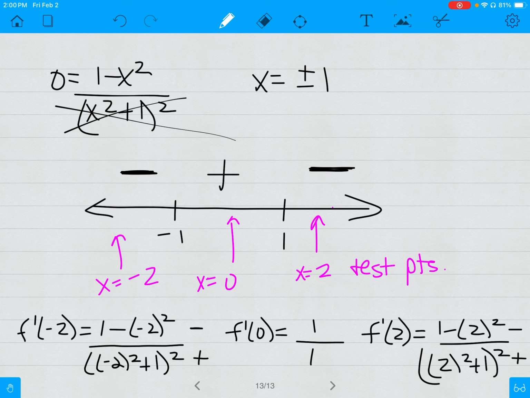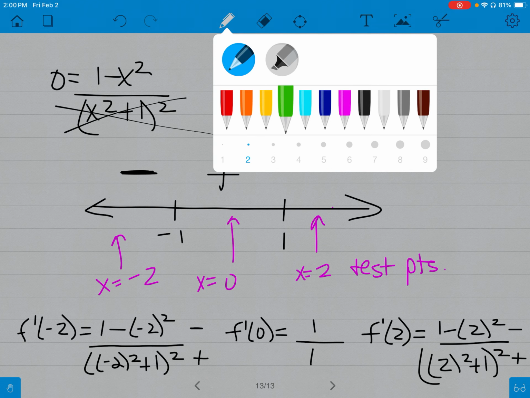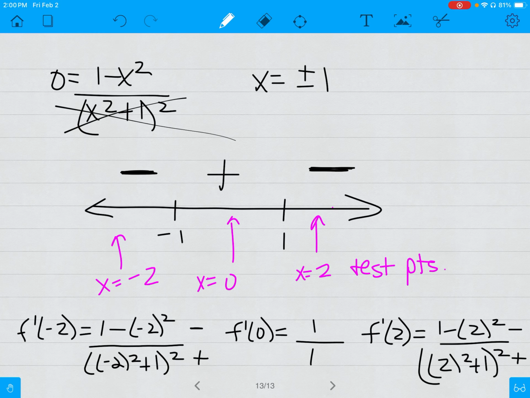So now I have to think about these two critical values. Negative 1, positive 1. Is either of them a max? Is either of them a min? And if so, which one? Well, if the sign of my derivative to the left of negative 1 is negative, and the sign of my derivative to the right of negative 1 is positive, what does that tell me about negative 1?